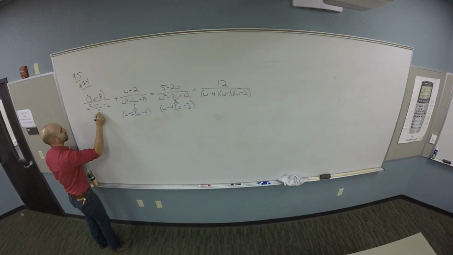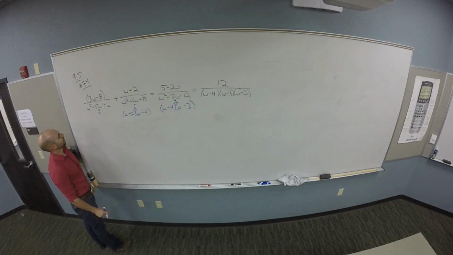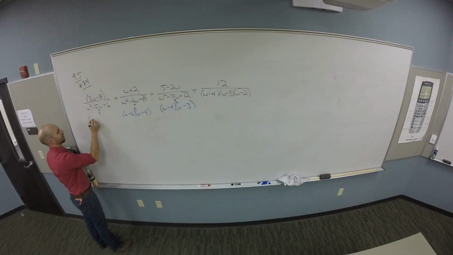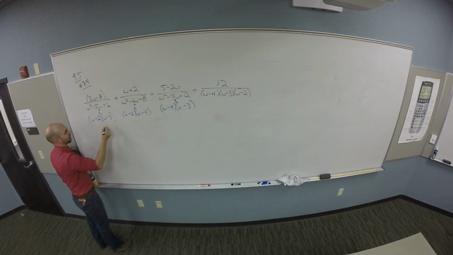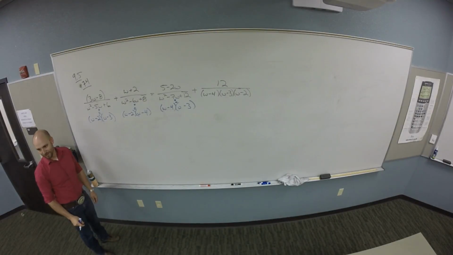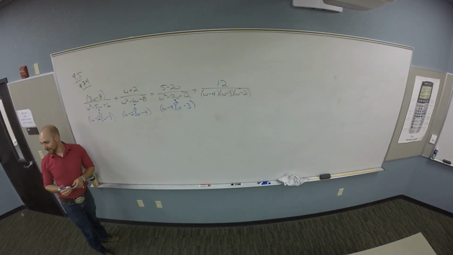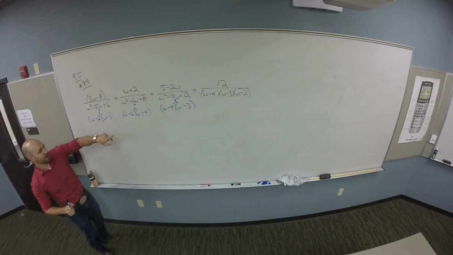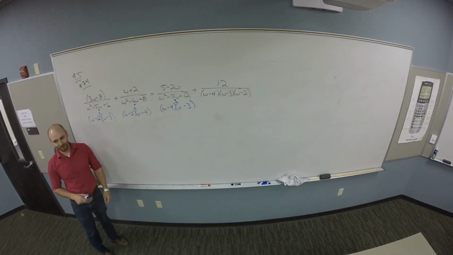Yep. And this first one, w minus 2, w minus 3. Yeah. Okay. That is going to make this a world easier, right? Because my first step would have been to try to factor all of these. Conveniently, I had a little hint here.